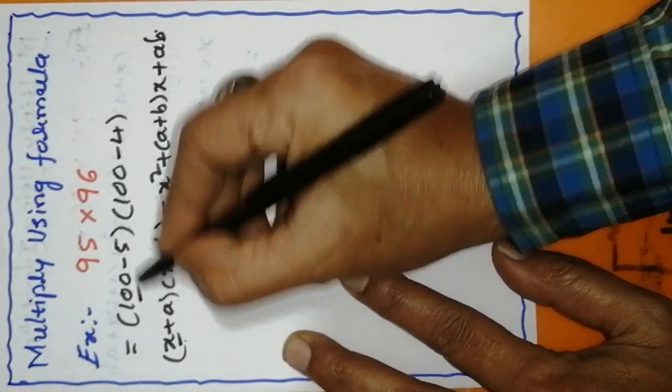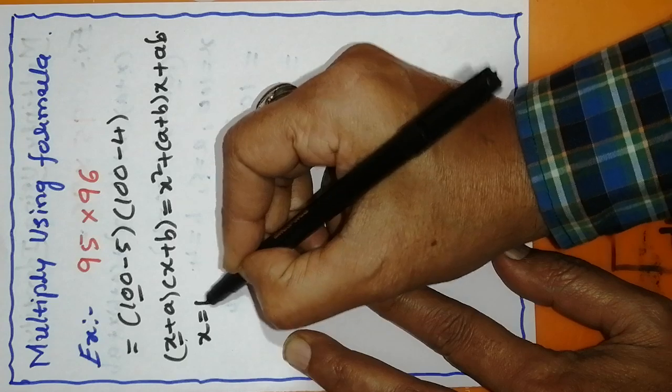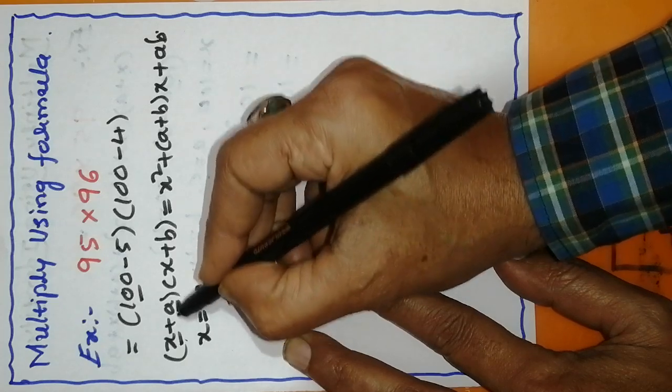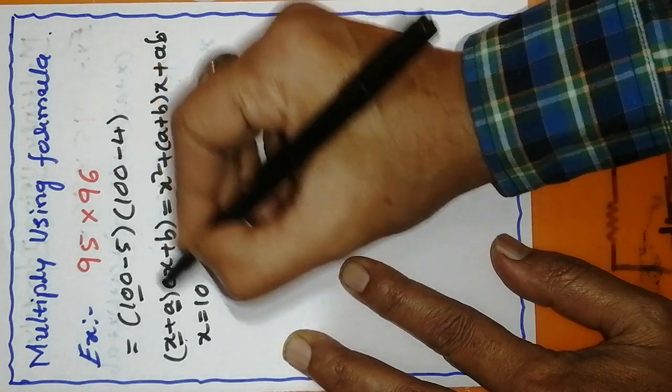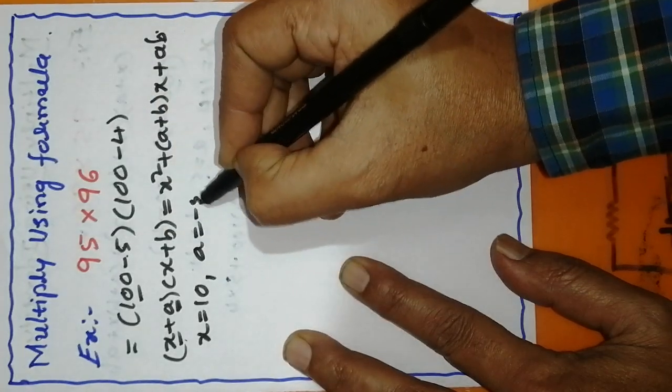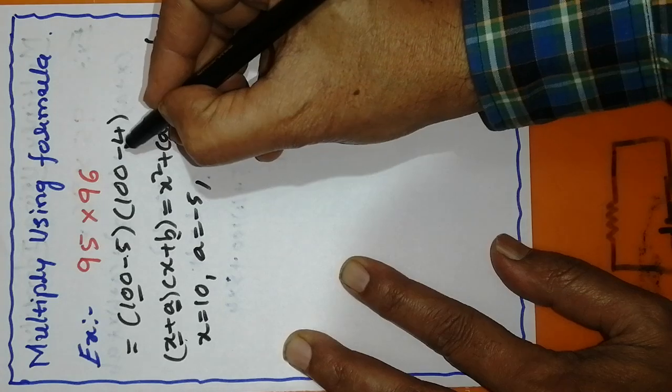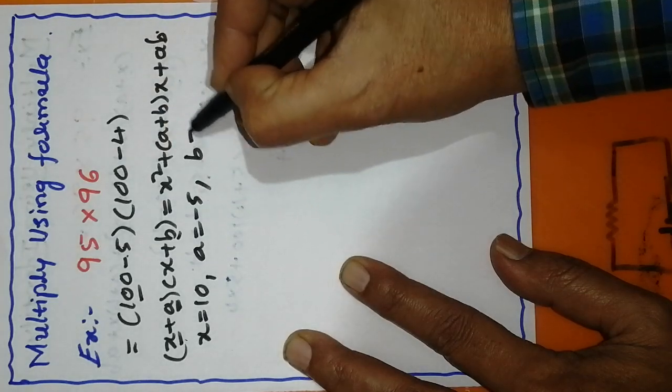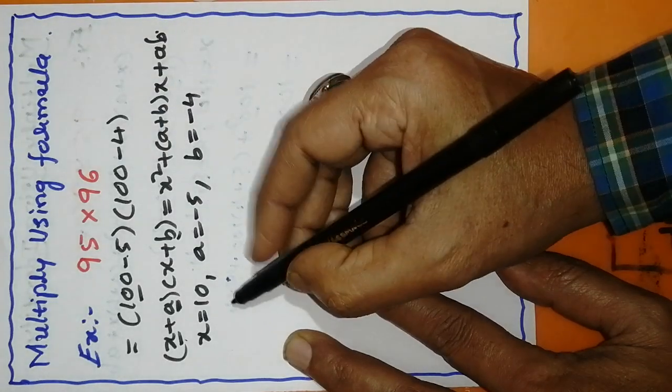Here x is equal to 100, a value is minus 5, and b value is minus 4.